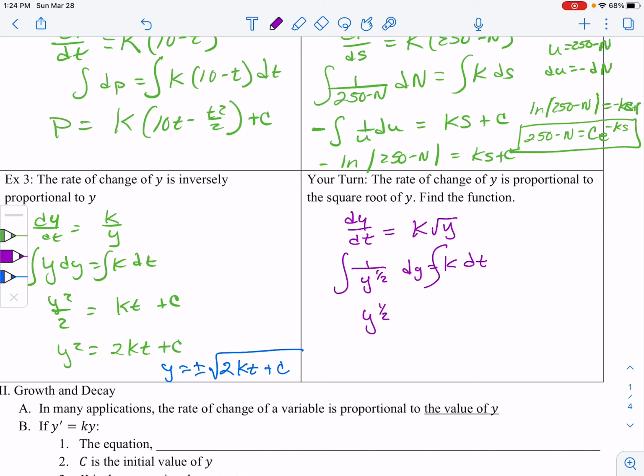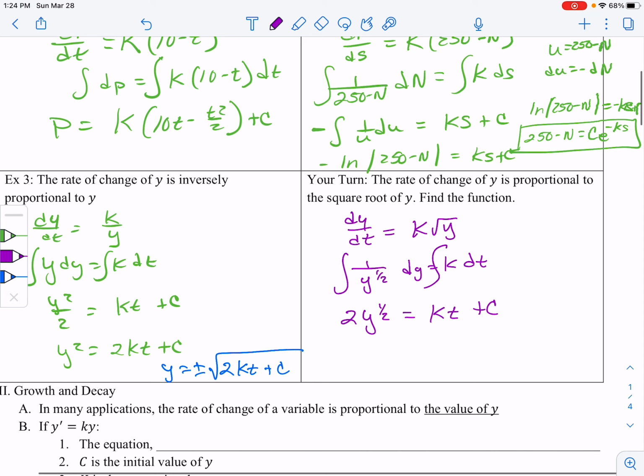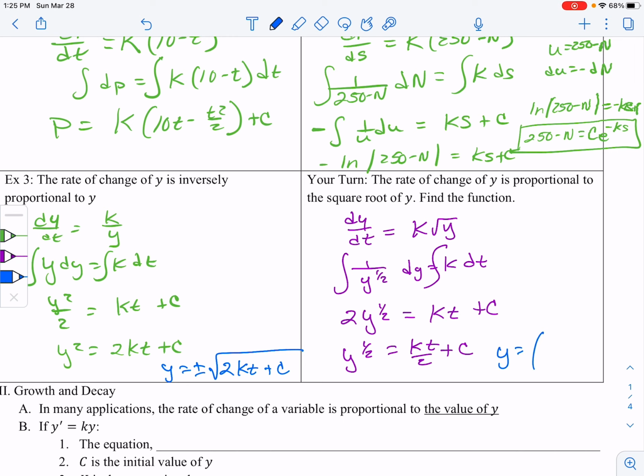Divide by 1/2, so you end up with a 2 equals kt plus c. You divide by 2, so y to the 1/2 equals kt divided by 2 plus c. And now you square both sides. So y is equal to kt over 2 plus c, squared.